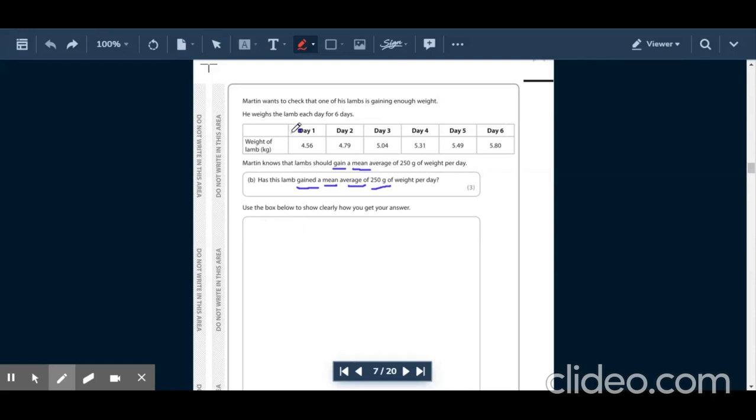that. So between 1 and 2, this is day 1 and 2, the difference is 4.79, take away 4.56, which is going to give me 0.23. And then between 2 and 3, I've got 5.04, take away 4.79.